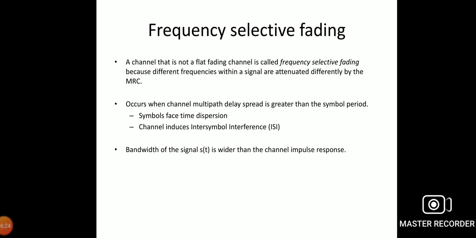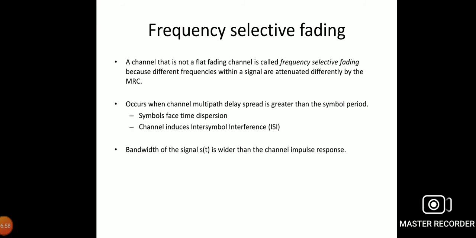It is also more complex to model frequency selective fading channels than flat fading channels, for two reasons. Number one, each multipath signal has to be modeled. Number two, the channel has to be considered as a linear filter. So a statistical impulse response like the two-ray fading model, or a measured impulse response, may be used to analyze frequency selective small scale fading effects.